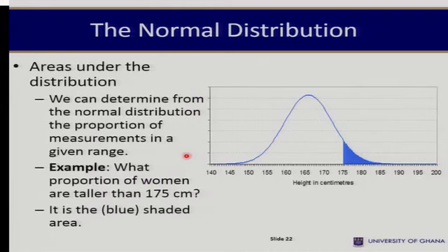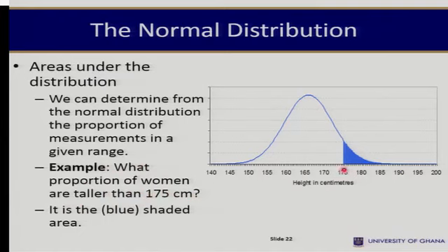Now, we can calculate any area under this curve, which we call the probability curve or the normal curve. For example, since the area under this curve is equal to 1, this shaded area in blue, we can determine its area. So we can pose the question, for example, what proportion of women are taller than 175 centimeters?